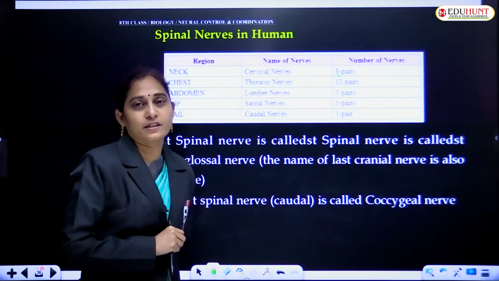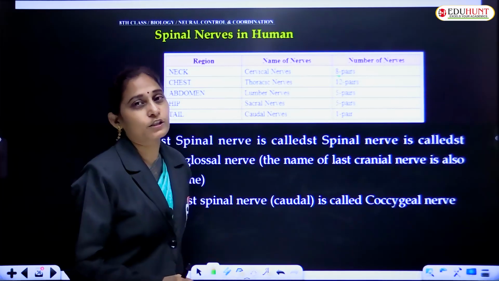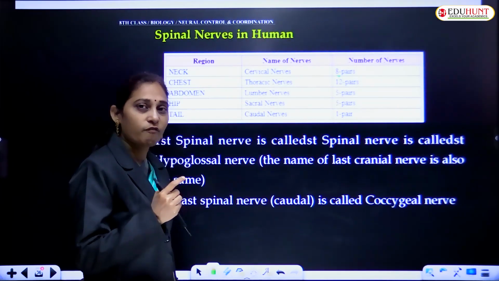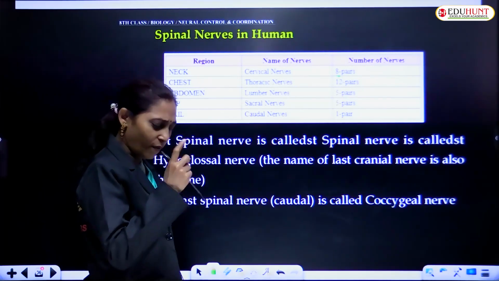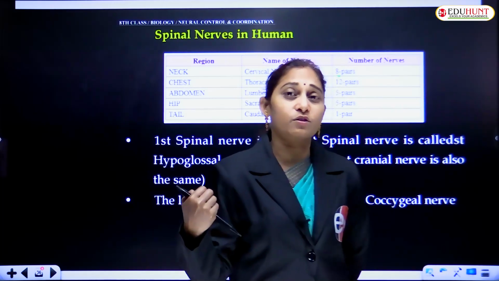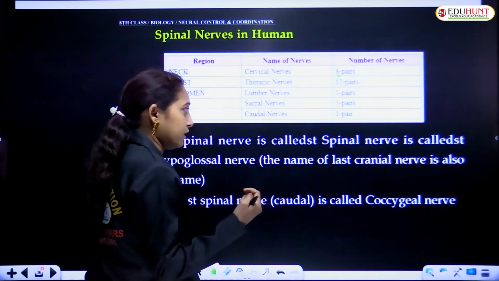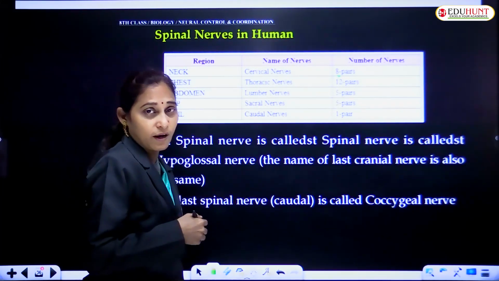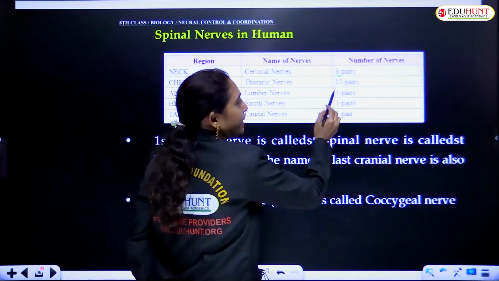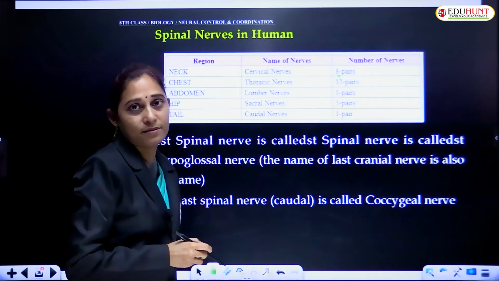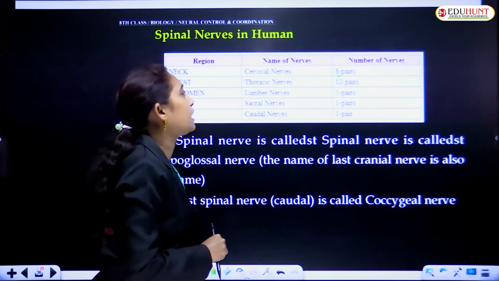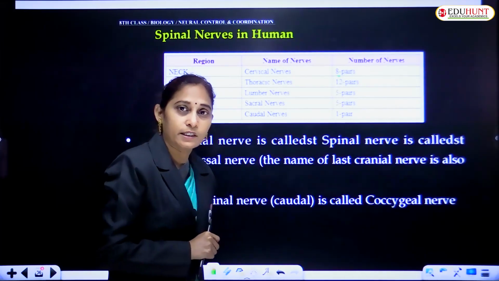And the tail region, the terminal portion of the spinal cord, has 1 pair of caudal nerves. Altogether, how many pairs do we have? 31 pairs, which means 62 spinal nerves are present in the human being.